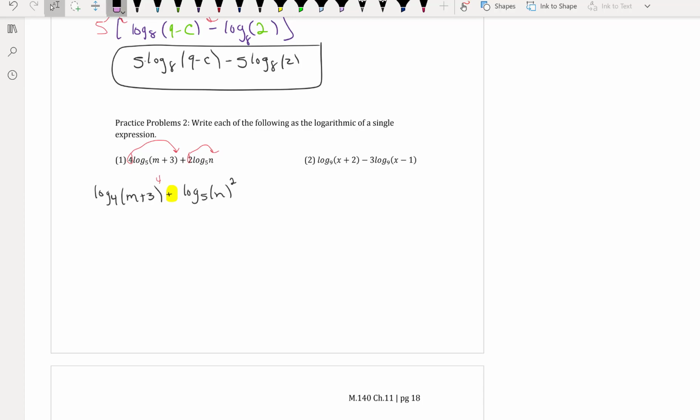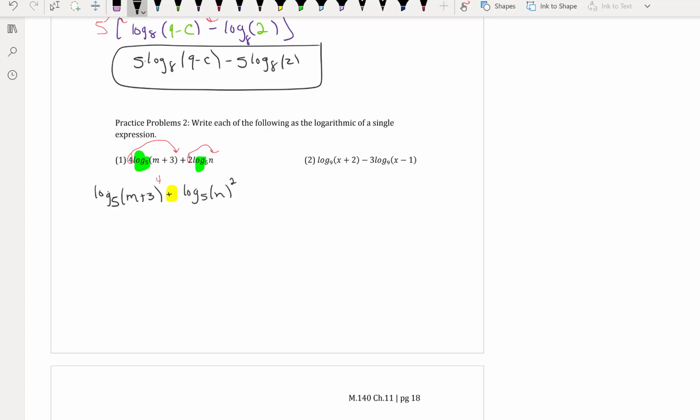For whatever reason, I realized that my base was not right. The base here is 5, so I should make sure that I have log base 5 on both of them. Okay, that makes more sense. So log base 5 of m plus 3 to the 4th power plus log base 5 of n squared.